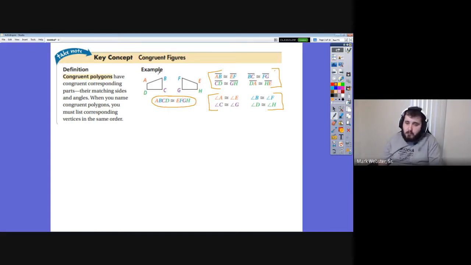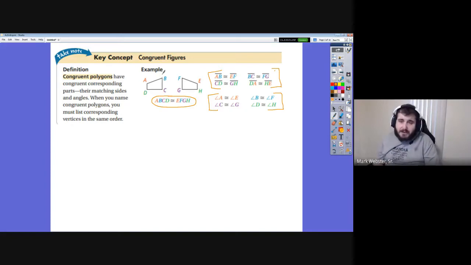Now, one thing about how you name a figure like this is you always start at one letter and then go around in a circle. You don't just sort of pick the letters randomly. Like I couldn't call this four-sided figure ACBD. If I start at A, I have to go clockwise and call it ABCD, or I have to go counterclockwise and call it ADCB.